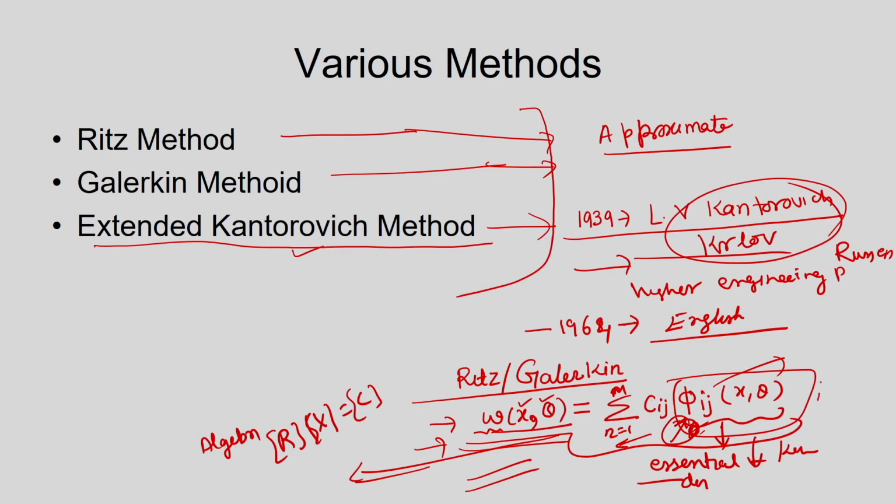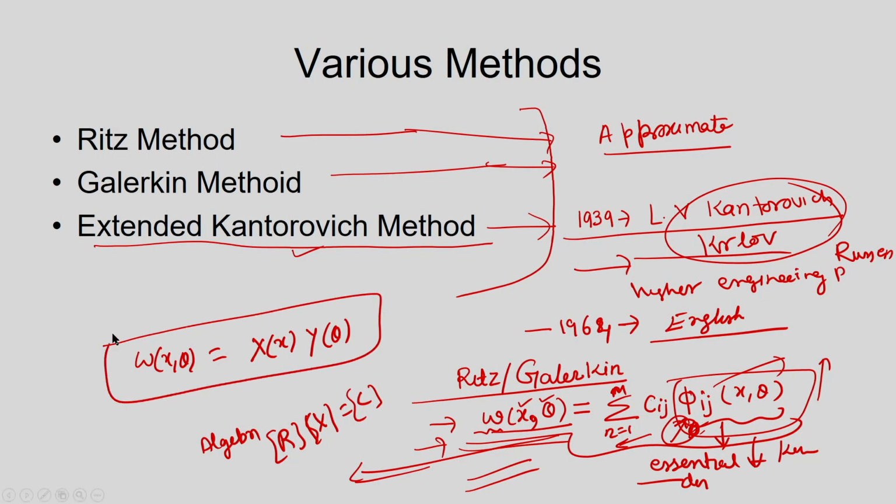Kantorovich in 1939 proposed a technique in which we express this in a bivariate form, as a function of x multiplied by a function of theta. Initially it was a single term, where X is a function of x only and Y is a function of theta. If we substitute into the weak form, it reduces to a differential equation.